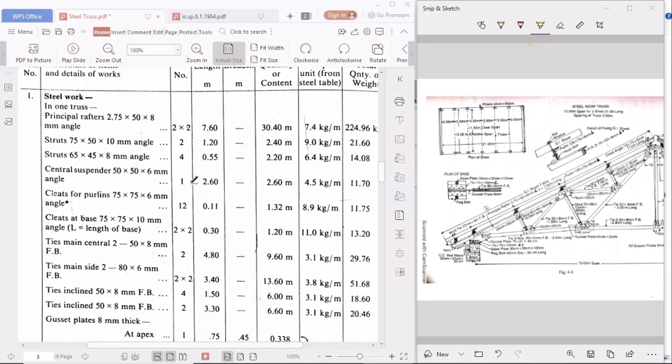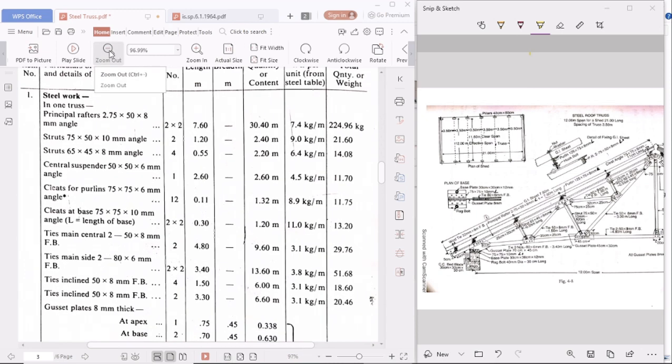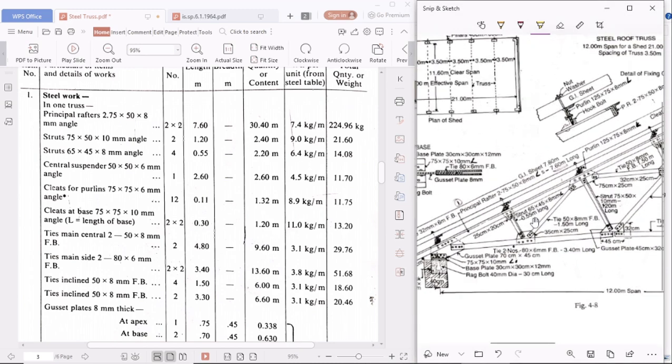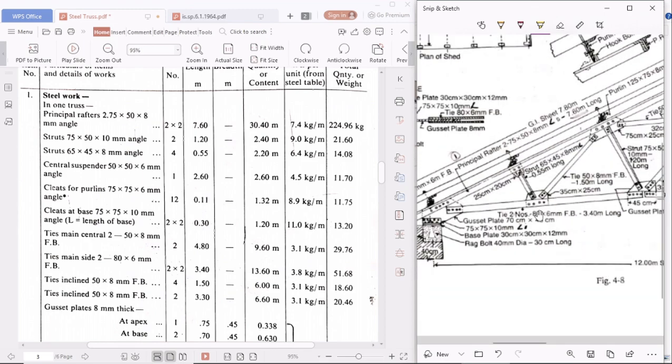Okay, first one is steel work. We'll directly go to steel work as the object is to find how the steel estimation is done. So in one truss, so given one truss, first we will take the items which are larger. Principal rafter is the only inclined member which is large.